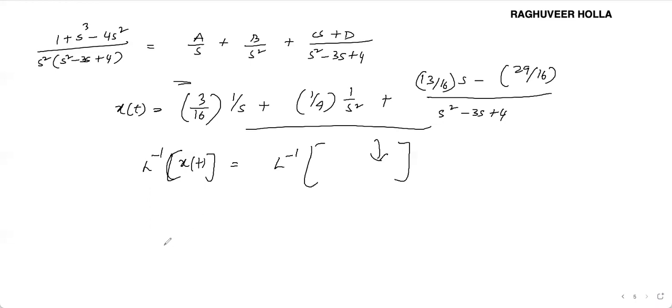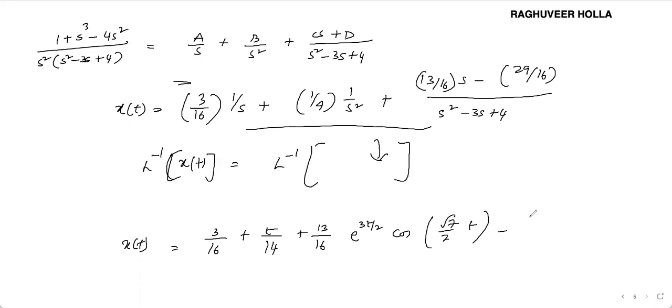And then finally we'll get x of t, which is 3 by 16 plus t by 4 plus 13 by 16 e to the power of 3t by 2 cos root 7 by 2 into t minus 19 by 32 into 2 by root 7 e to the power of 3t by 2 sine of root 7 by 2 into t.